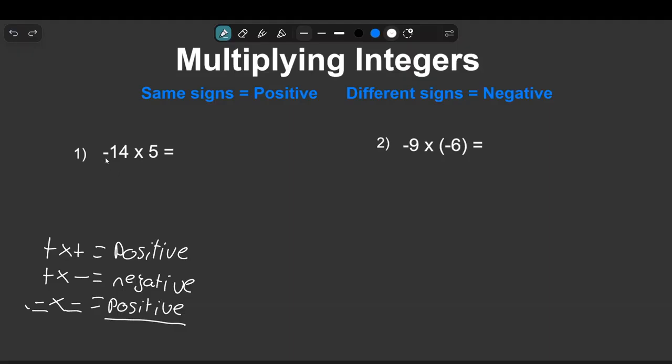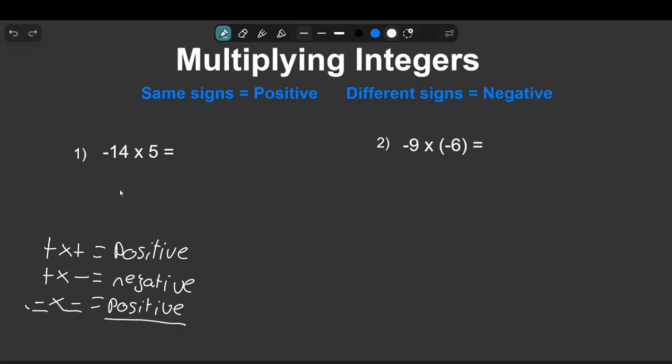So we have a minus times a positive, or a negative times a positive. Then we look over here and we have a positive times a negative. It doesn't matter which order it is in. If it is a positive times a negative or a negative times a positive, it will be the same thing. Because we are working with different signs, we get a negative final answer.